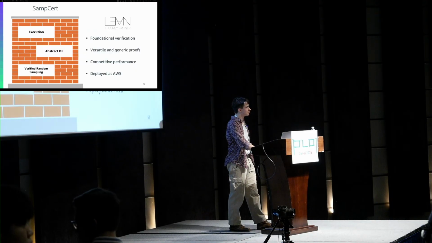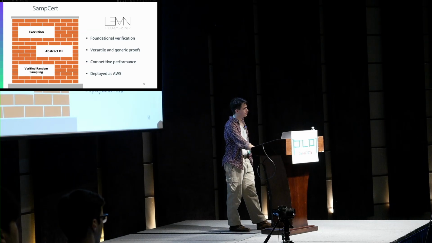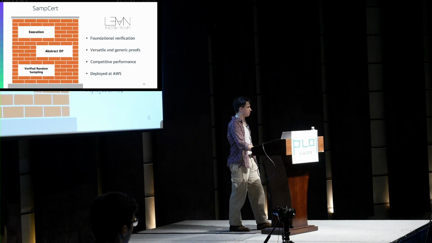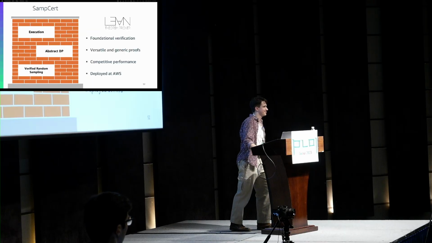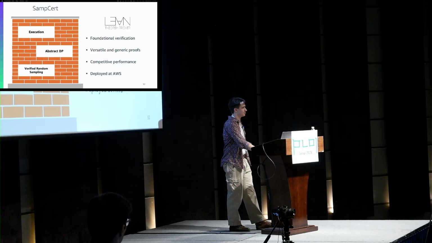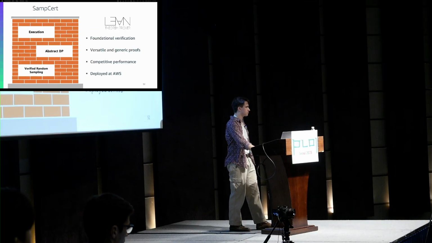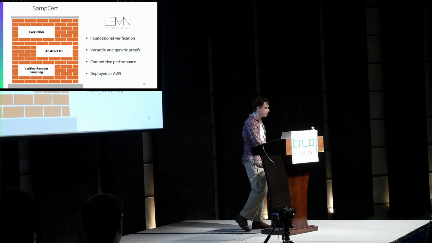Thank you so much. So in this slide, at the last bullet point, it is stating that this is deployed at AWS. How much can you disclose what kind of real-world application there is a demand for DP? And at what scale did you address the problem? Yeah, sure.